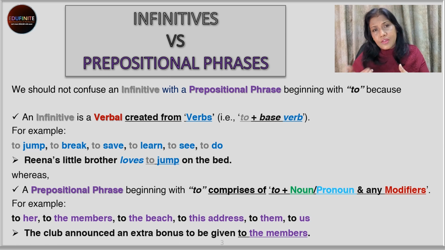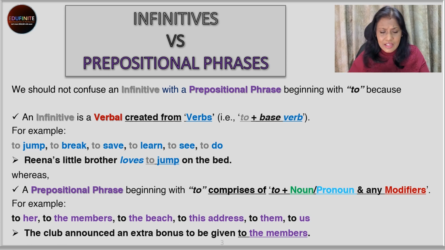So to this address has a noun, so it's a prepositional phrase. To them, again a pronoun, so it's a prepositional phrase. To us, that's again a pronoun, so that's a prepositional phrase. So by now I think it's clear. It's very easy to identify an infinitive from a prepositional phrase beginning with to.